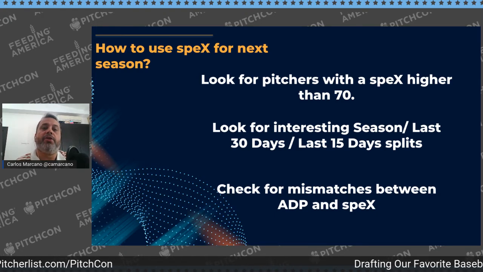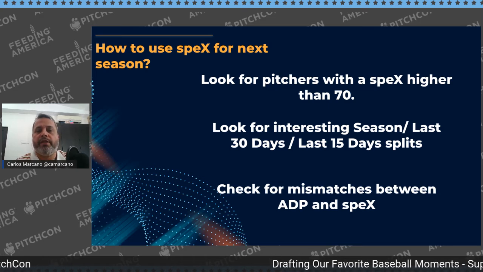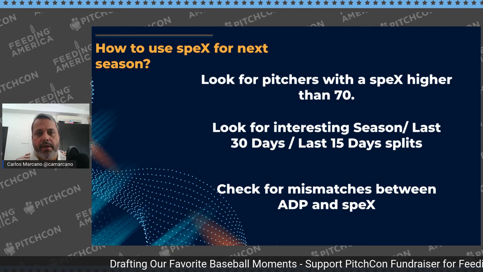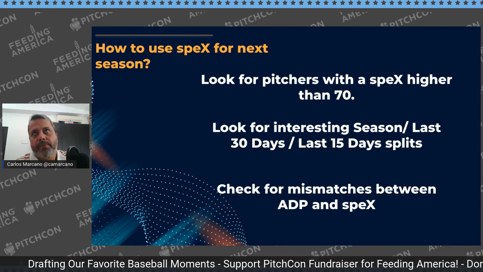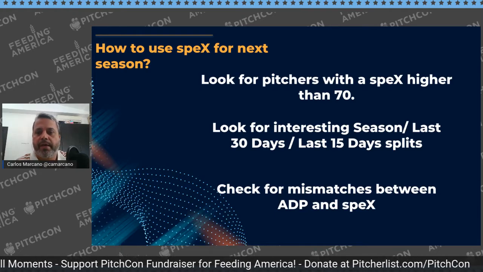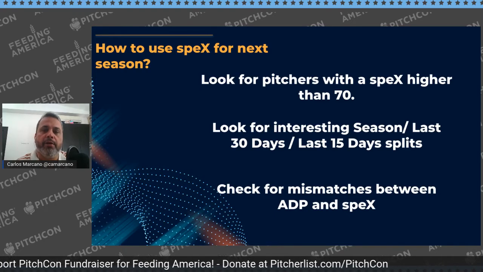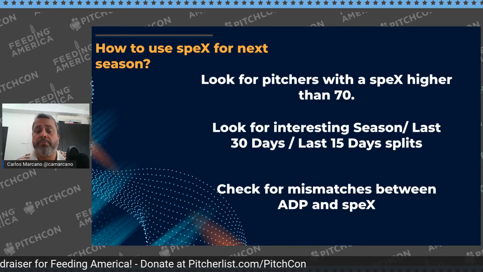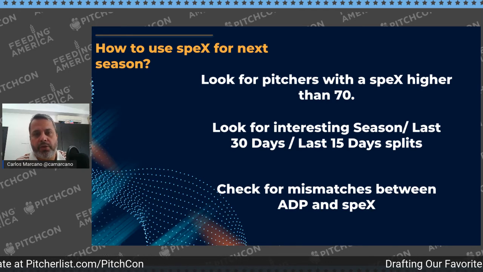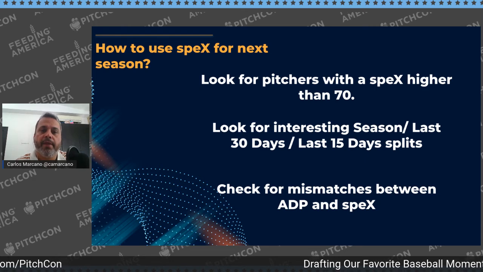I know I said earlier that 75 was the good threshold, but if the pitcher is already going beyond 70, it might mean that they are improving, and sometimes these improvements don't happen from one day to the other. So 70 is fine.